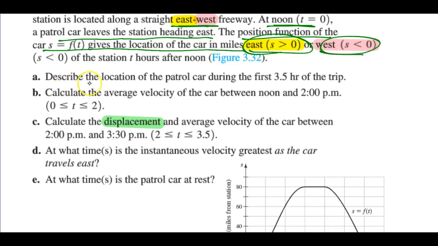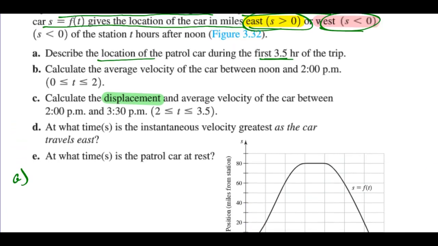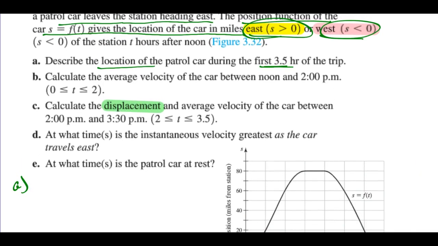First of all, they say describe the location of the patrol car for the first 3.5 hours of the trip. So in part A, looks like the slope here is positive, and we decided that positive was heading to the east.